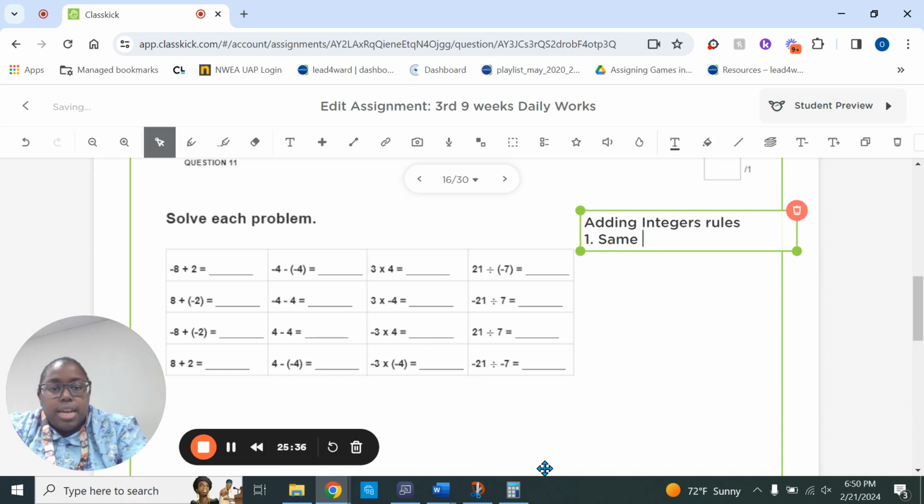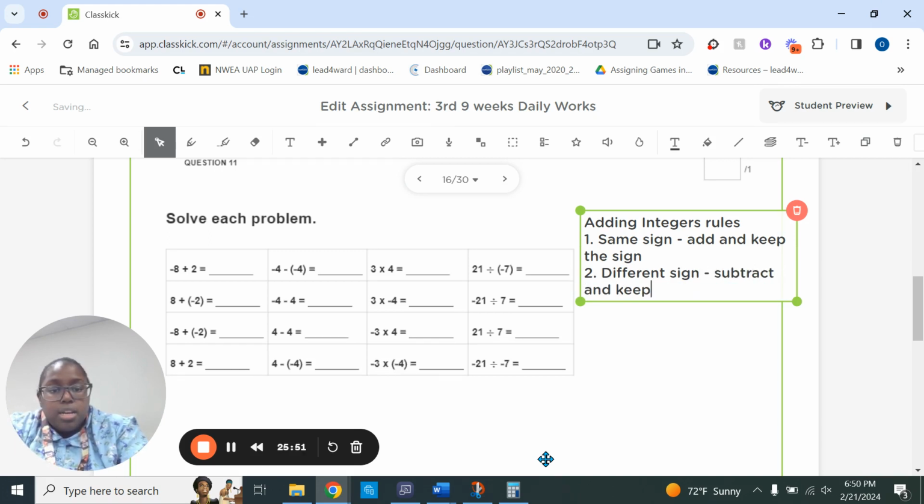So, same sign, add and keep the sign. Second rule, different sign, subtract, and keep the bigger sign. And by bigger sign, that means the number, ignoring the sign, that is bigger than the other one.